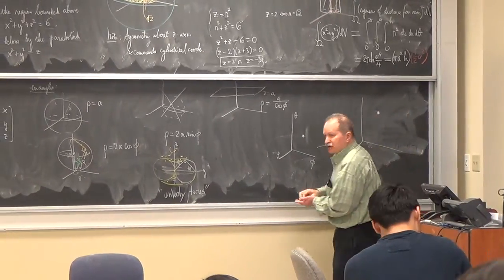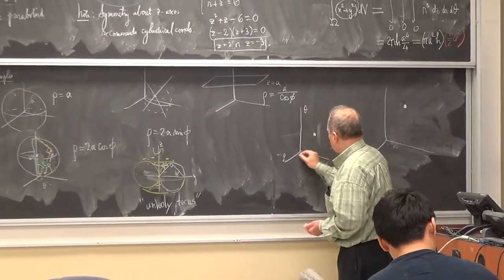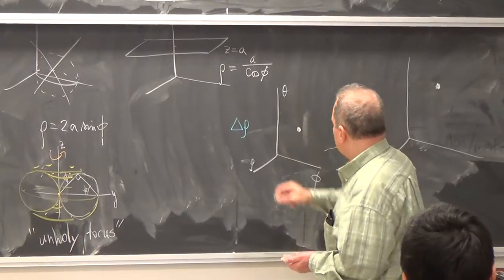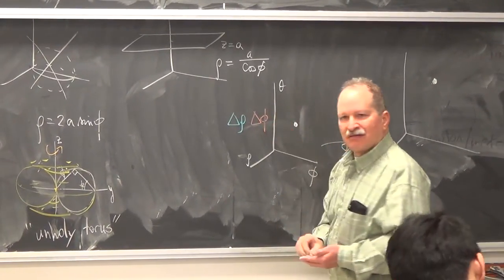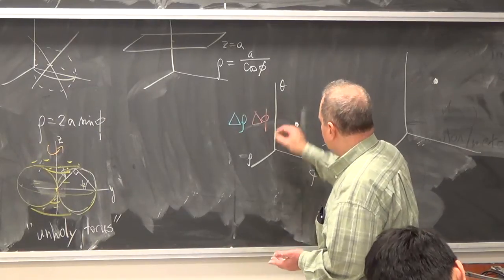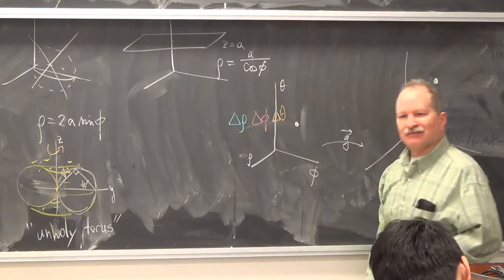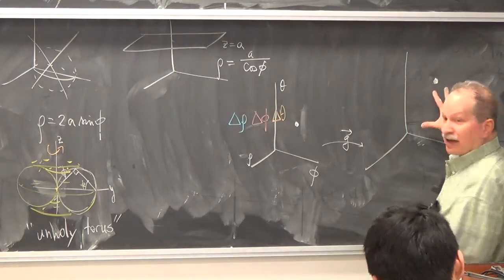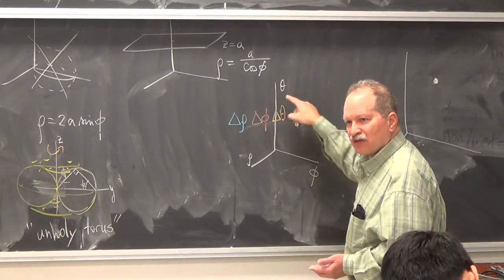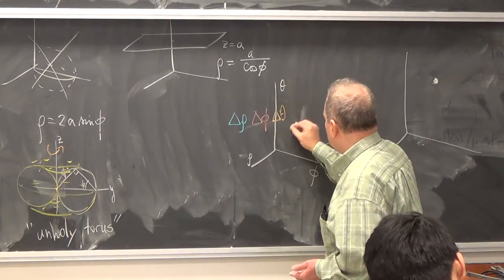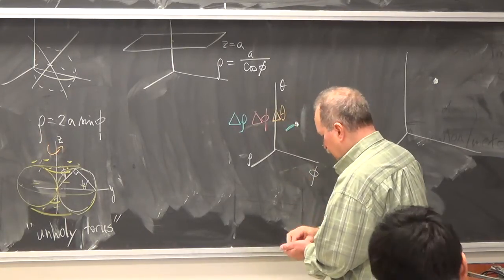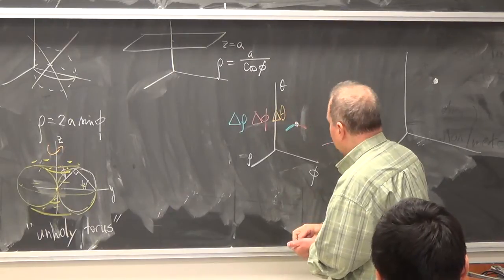Now imagine that you take a little change in rho, a little change in phi, and a little change in theta. What is that going to look like in this picture? So I've got a little box in rho phi theta space that looks like taking a little change in rho, a little change in phi, and a little change in theta.